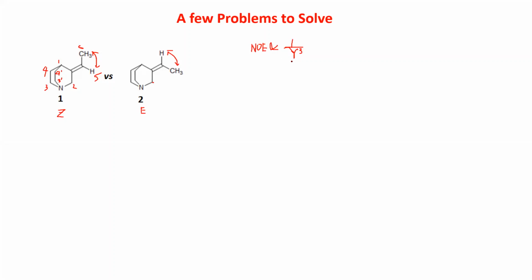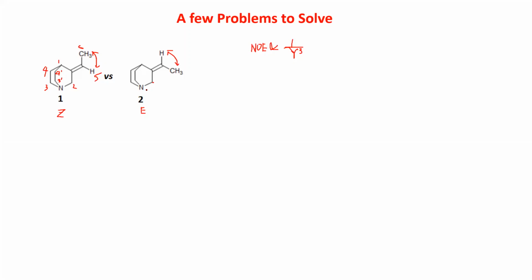If the distance is shorter, you will have more NOE. Now, if you look at this 6 proton and 5 proton for compound 1 and compound 2, both are at the same distance. So you cannot consider those 2 protons for an NOE experiment. You have to consider a specific proton which you can irradiate to find out the impact.